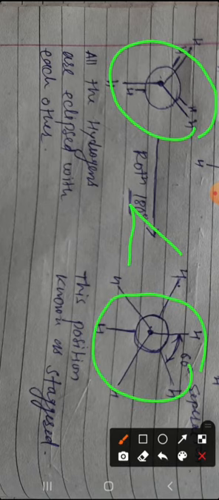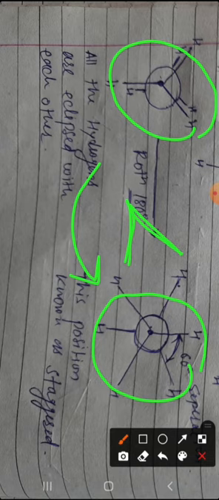So our ethane molecule appears mostly in the staggered conformation rather than the eclipse conformation. That is the conformational analysis.